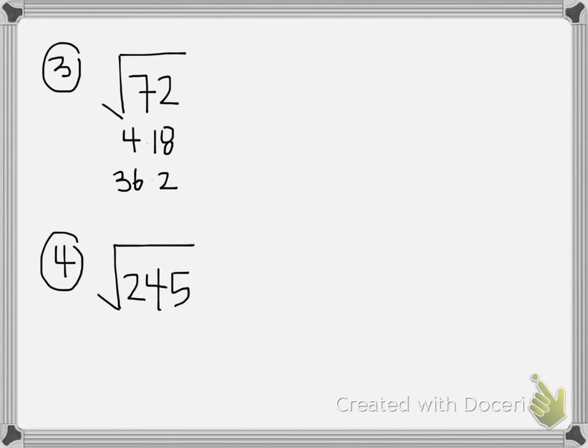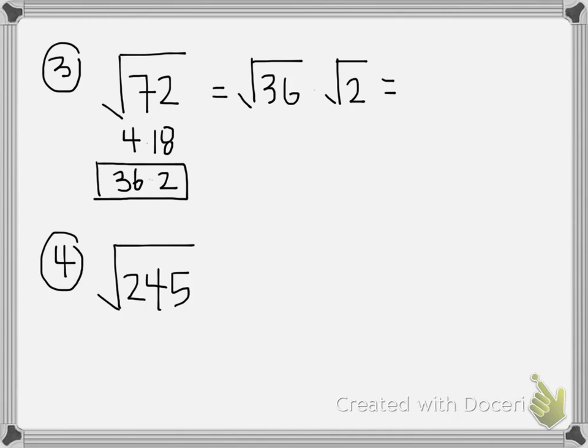So which one of these would be the largest perfect square? That 36, right? So 72 can be rewritten as the square root of 36 times the square root of 2. Square root of 36 is a 6, and you'll have left a square root of a 2 underneath there. Okay.